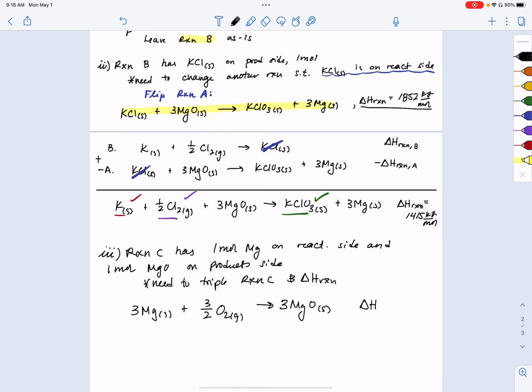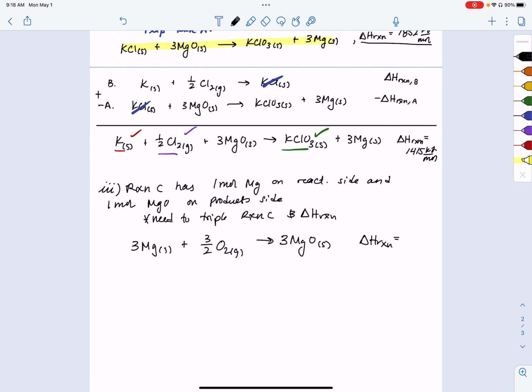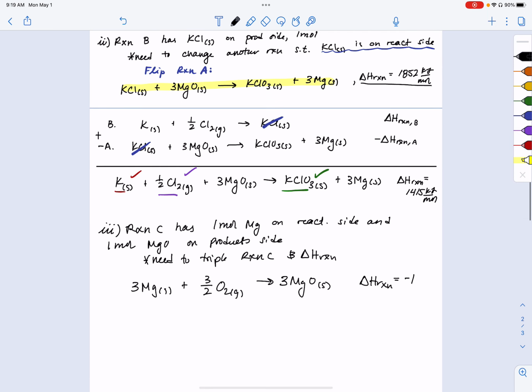So the heat of reaction is now going to be triple what it once was. We did not flip it, so its sign is going to stay the same. So that is going to be 602 times 3, which gives me 1806, and again, the sign's going to stay the same. So negative 1806 kilojoules per mole.